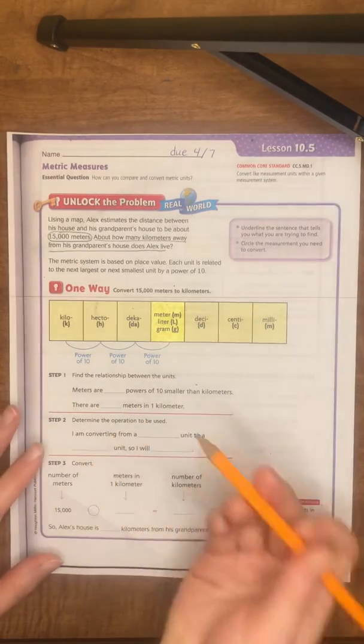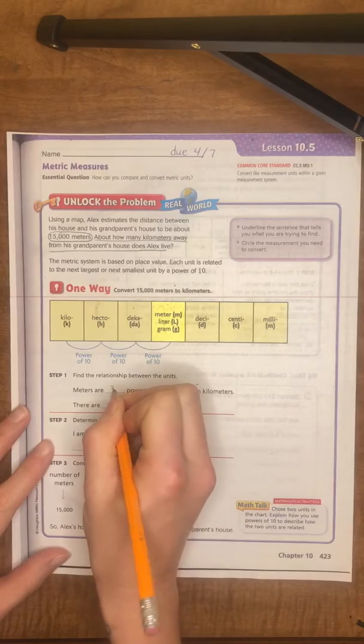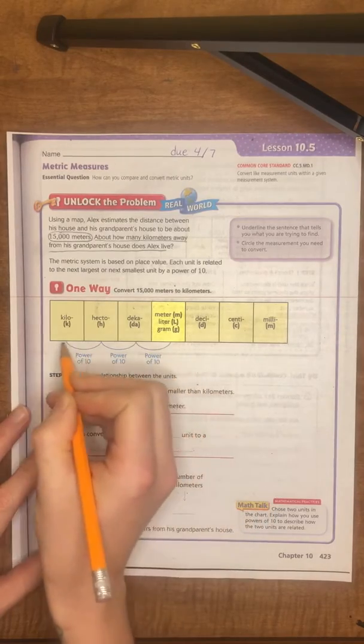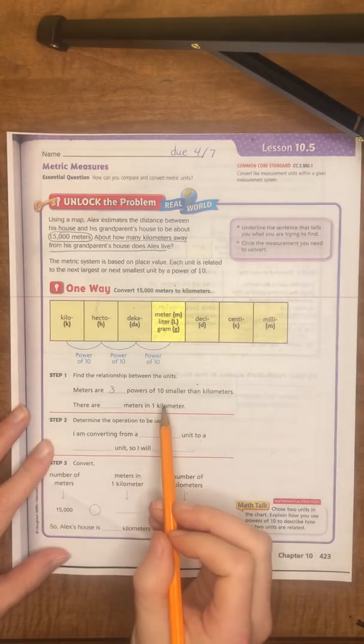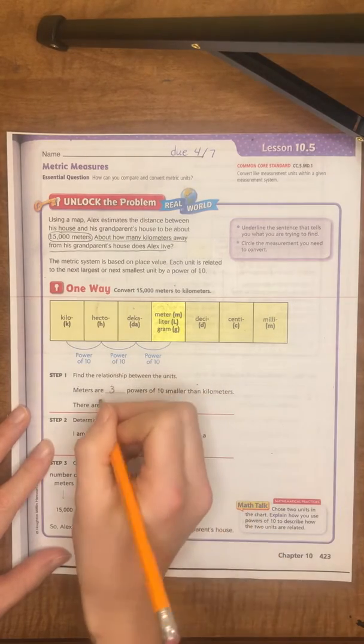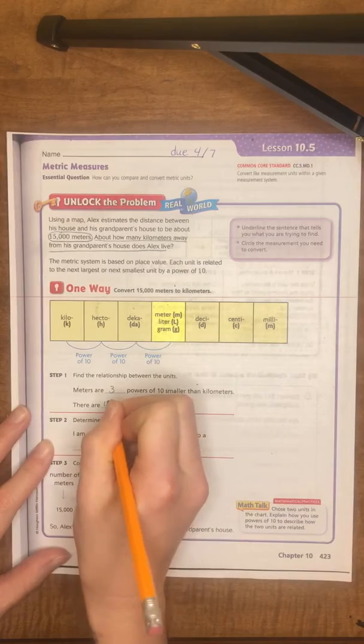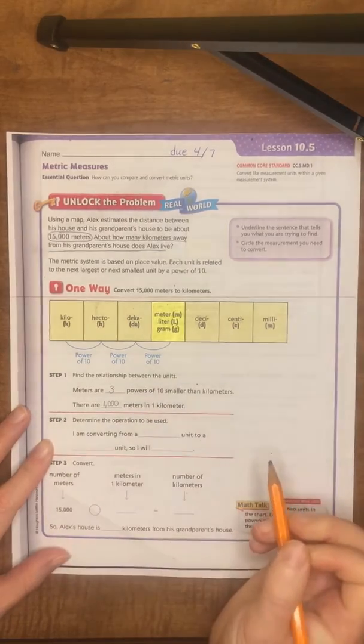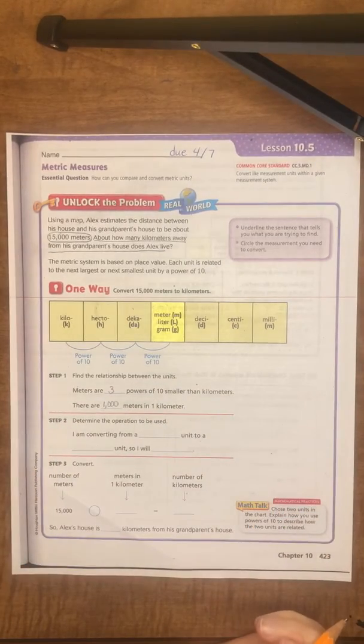Meters are 3 powers of 10 smaller than kilometers, because 1, 2, 3. There are 1,000 meters in 1 kilometer.